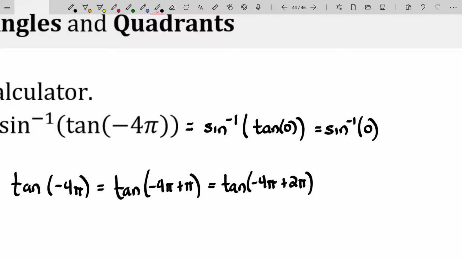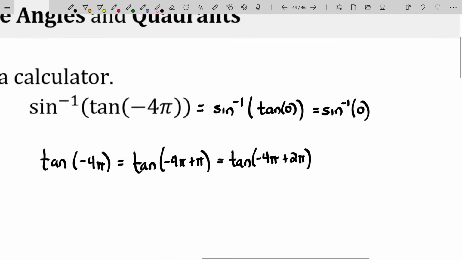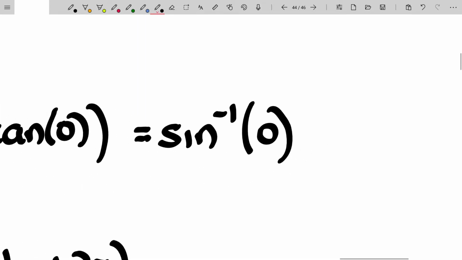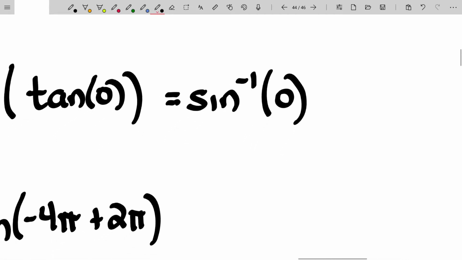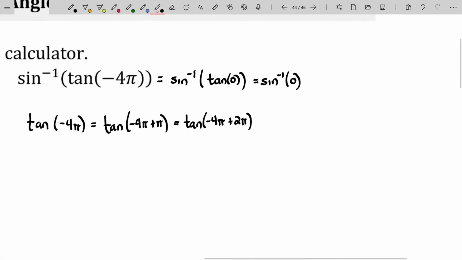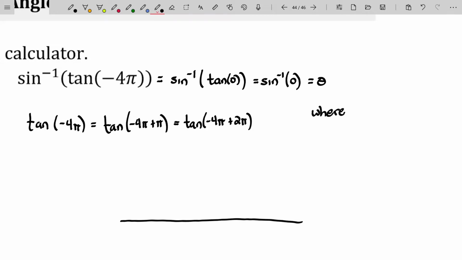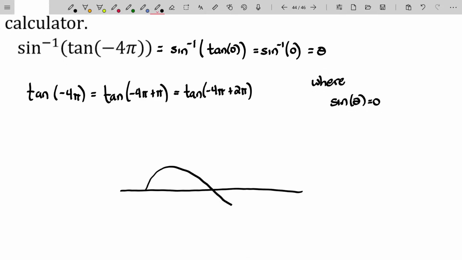And this was in our previous video on evaluating inverse trigonometric functions. If you have the sine inverse of 0, that's a quadrantal angle. So I would prefer instead to figure out, okay, what would I plug into, because remember, this is going to return an angle where the sine of that angle is equal to 0. So the question is, what would I plug into the sine curve to get an output of 0?